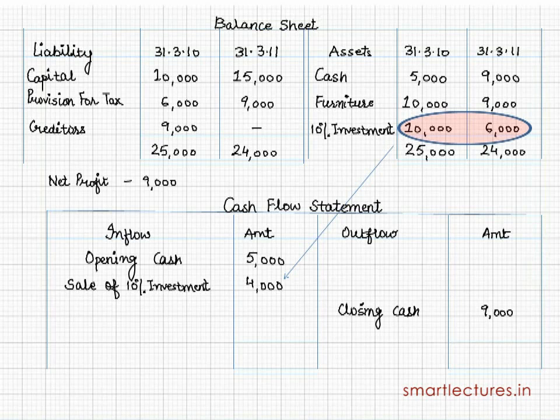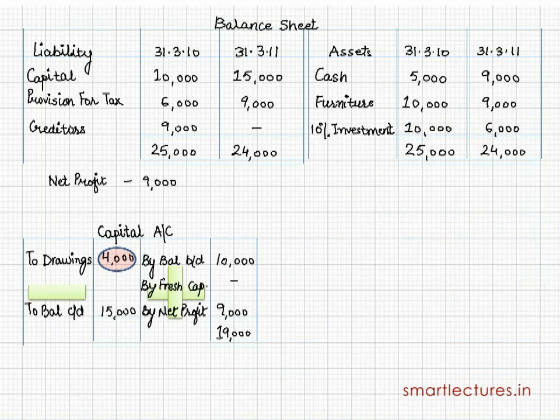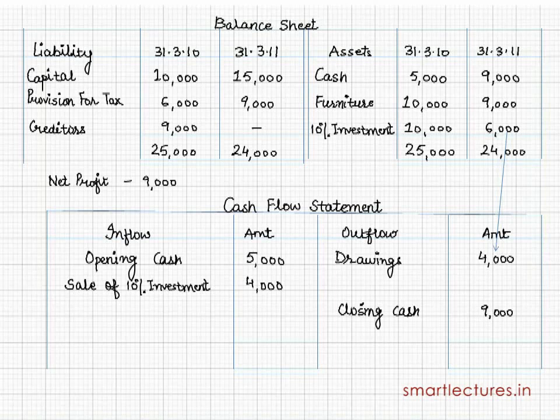Then capital. You know, capital, you should look at the capital account. There were drawings rupees 4,000. So on outflows you will write down drawings rupees 4,000. Then have a look at the provision for tax.